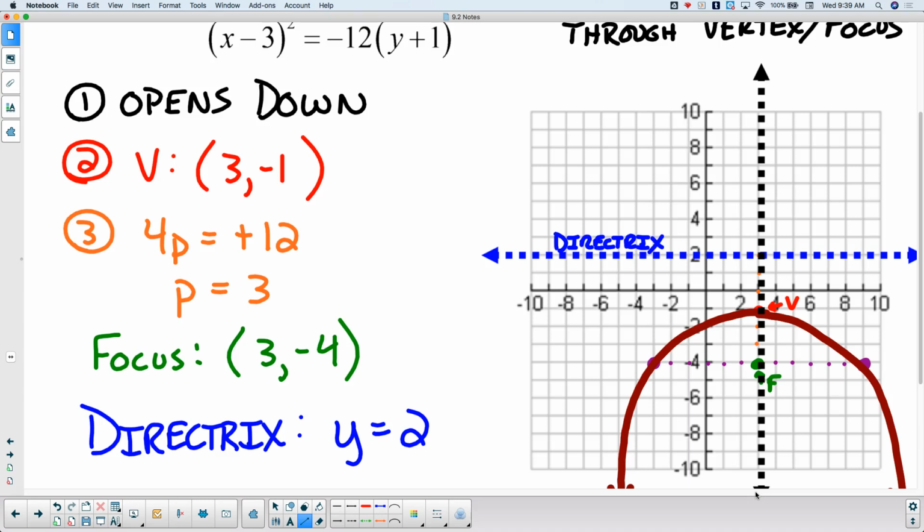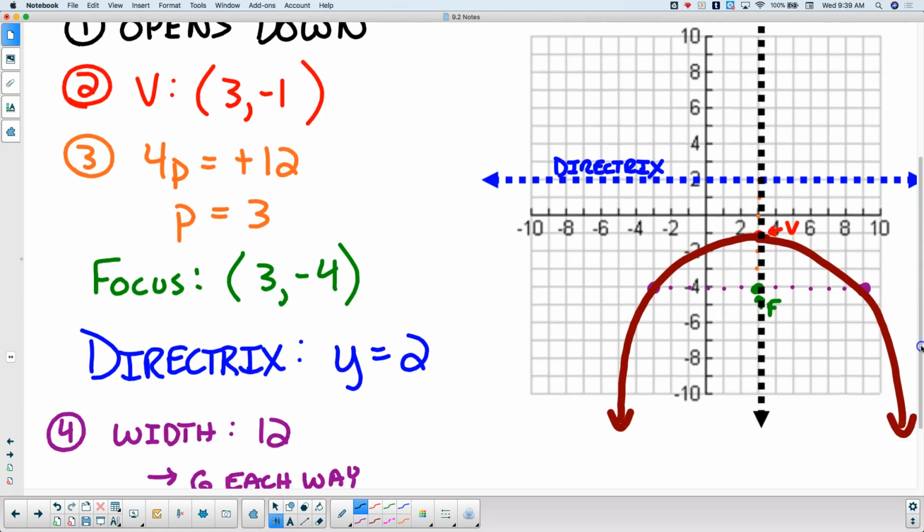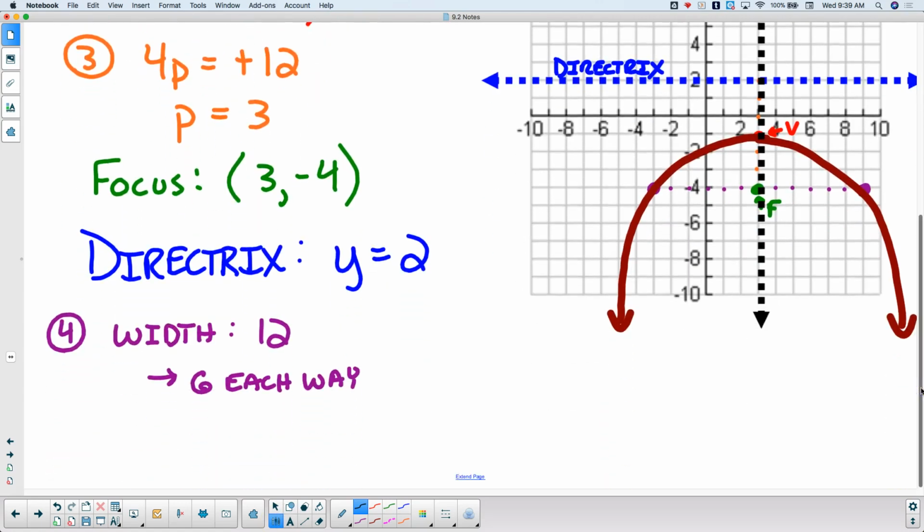So my axis of symmetry, my AOS, is the vertical line. So vertical lines are what? X equals 3.